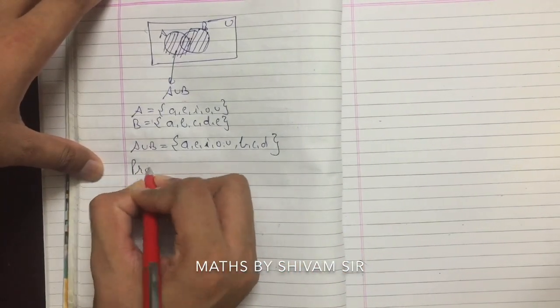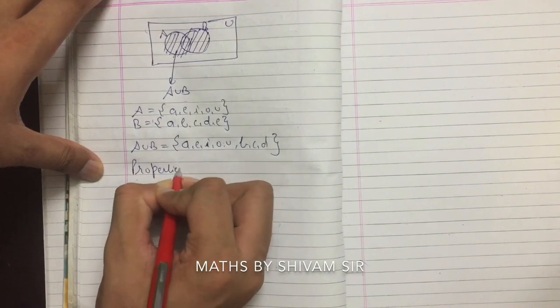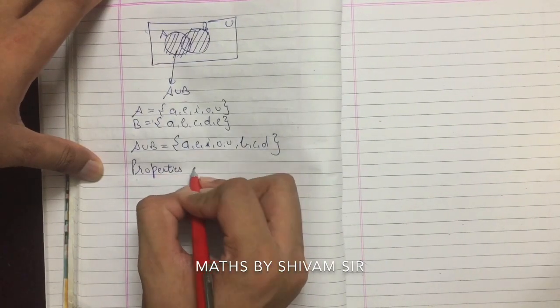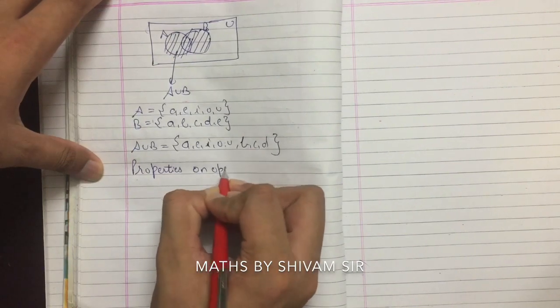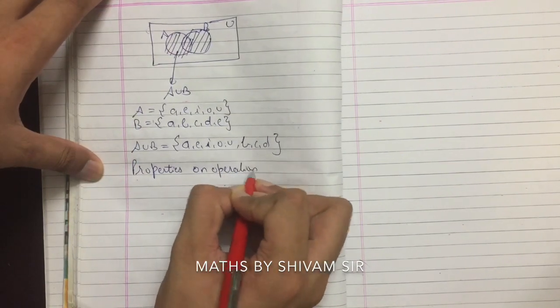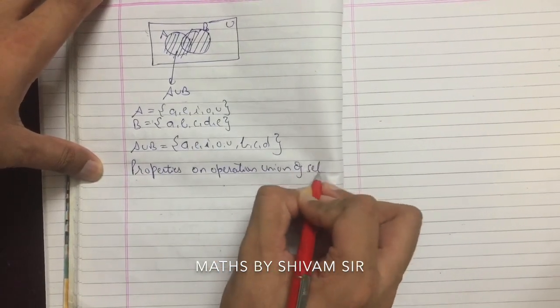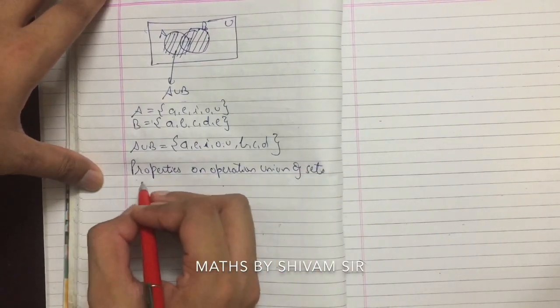So properties on operation union of sets. Let's talk about some properties.